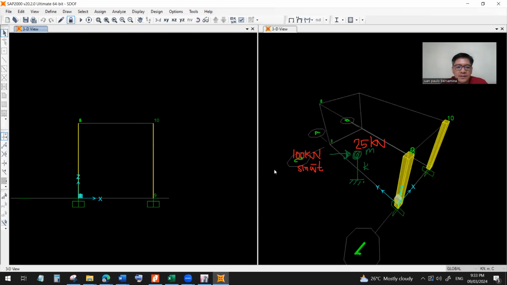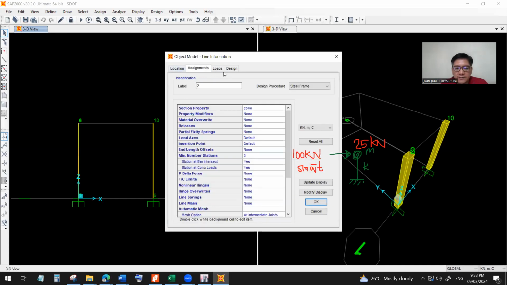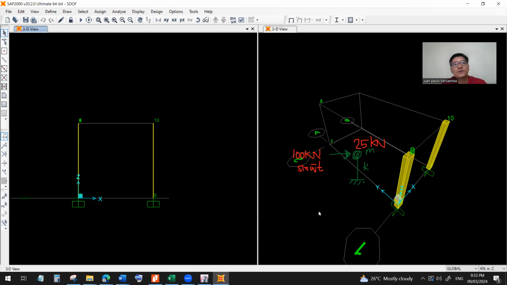Then, 3 meters pa to. I-unlock ko muna para makita niyo yung property, right-click lang ako. It's 3 meters length. Okay, so same yung inertia, same yung length, same yung elasticity kasi steel to.